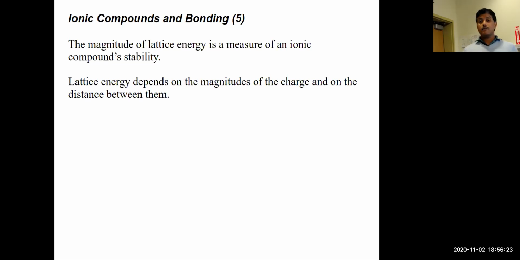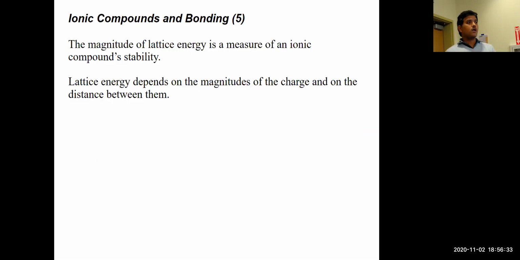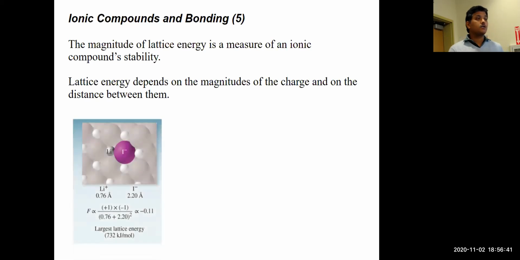Now let's practice calculating the lattice energy, the numbers that you just saw in this slide. We're going to calculate lattice energy for some of these compounds, so you will know how we got those numbers. All right, let's calculate first for lithium iodide. Lithium has a +1 charge because it is from group 1, and iodine has a -1 charge because it is from group 7.